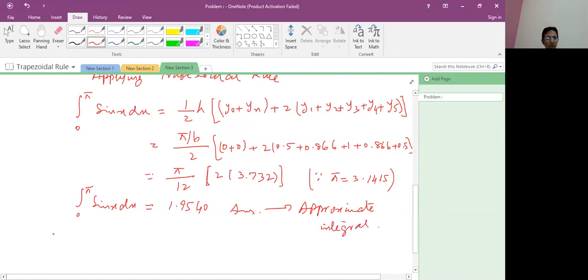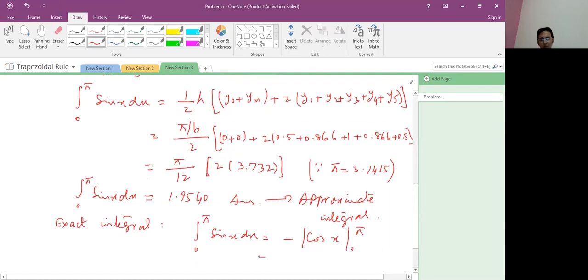What is an exact integral? How can we find the exact integral, student? If we find the integral directly without any method, the integral of sine is minus cos of x, with limits 0 to pi.